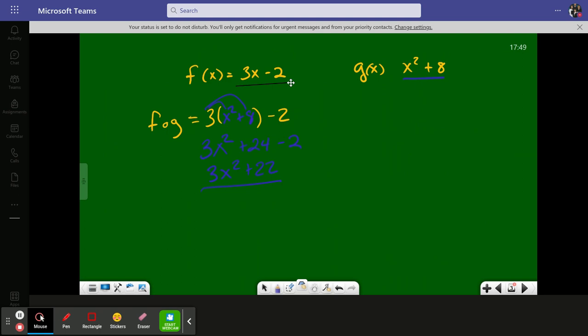Well, now my x is going to be x squared plus 8. So I've got to multiply it by 3. That's where I'm distributing here. 3 times x squared gives me the 3x squared, and then 3 times 8 gives me the 24. So I multiply it times 3, and then subtract that 2. So 24 minus 2 gives me 22.